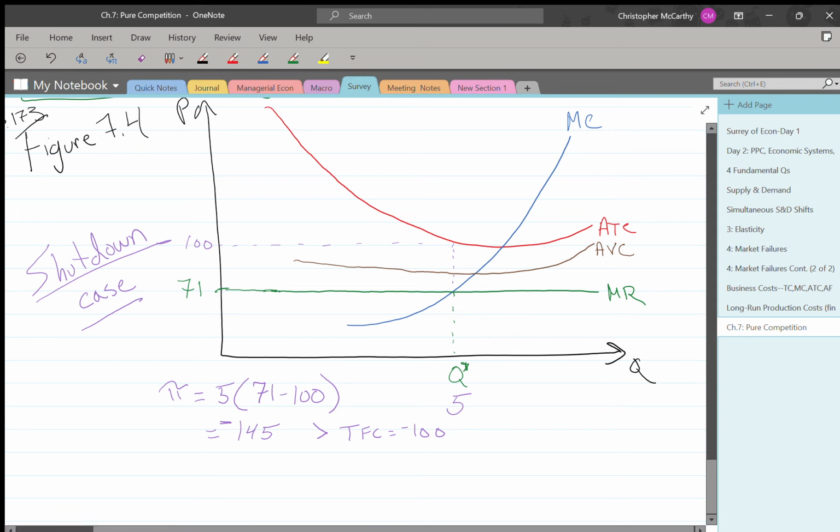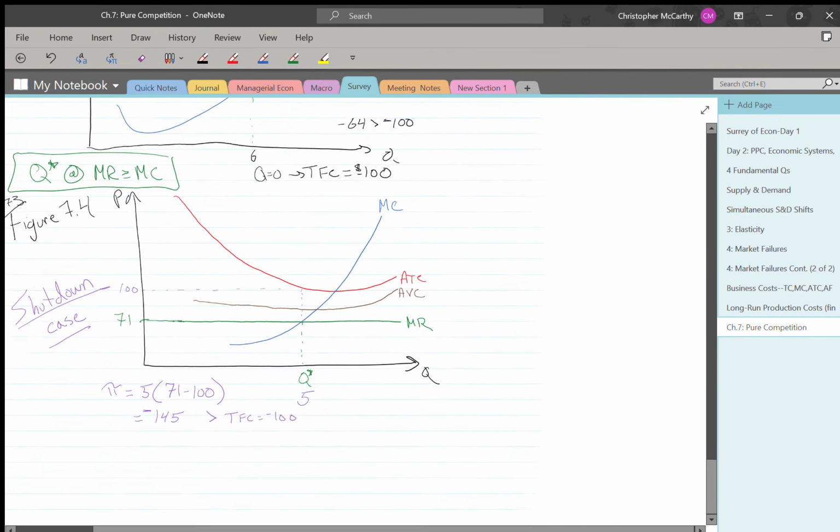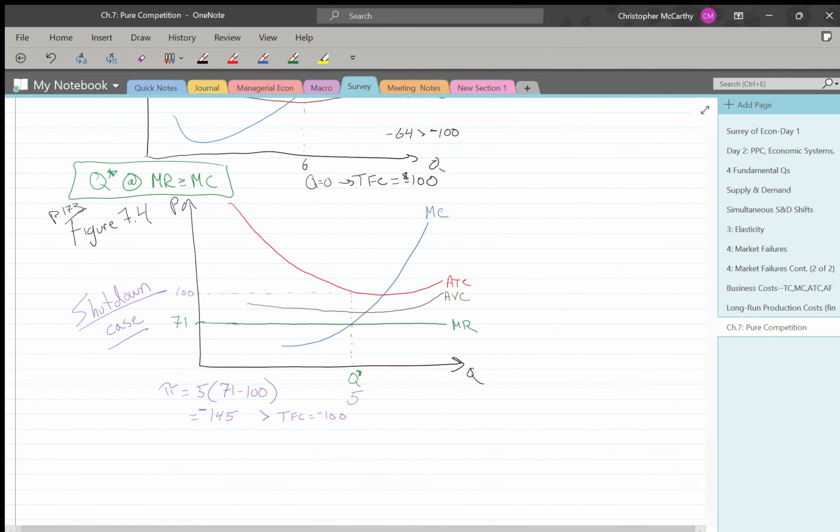So let's talk about what happens over time. If a firm shuts down, what does that mean to the industry supply and demand curve?